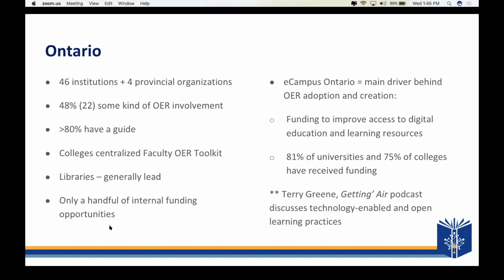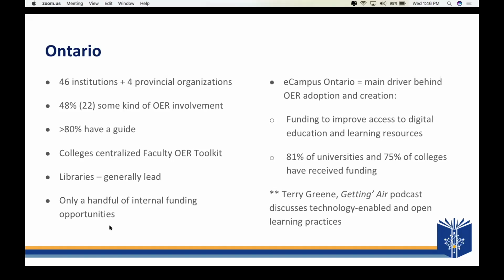But in part, that's because, as Melanie said, eCampus Ontario is really the main driver for funding for OER development. Their mandate is funding to improve access to digital education and learning resources.